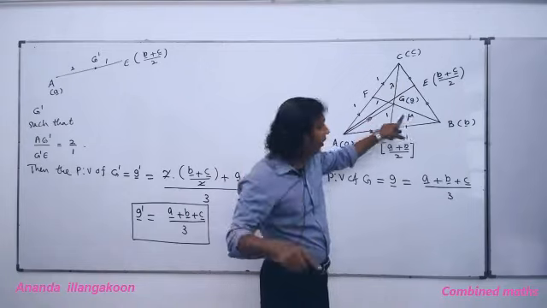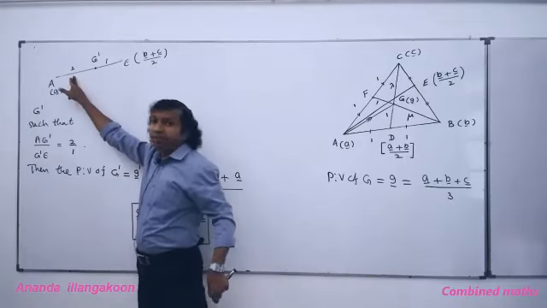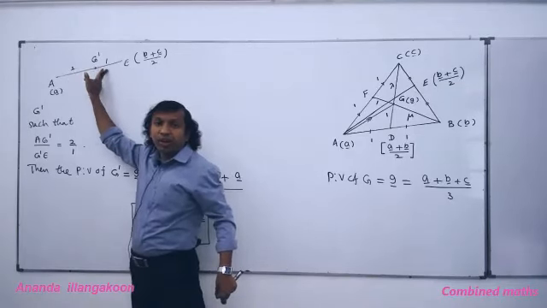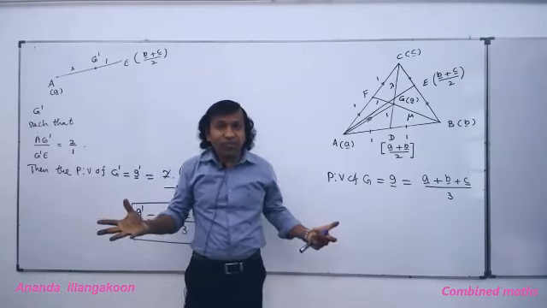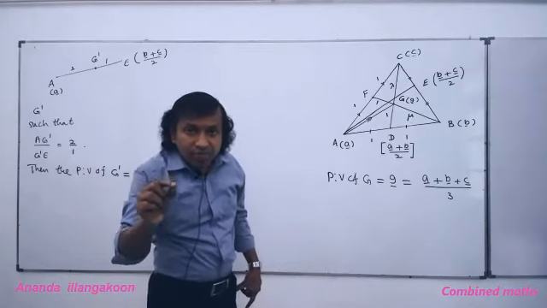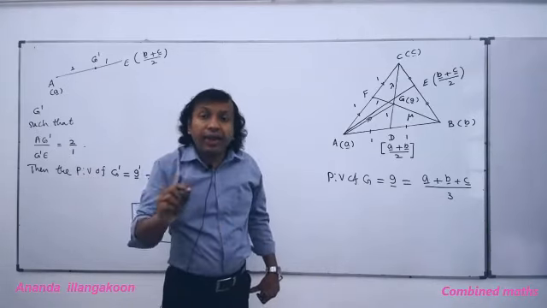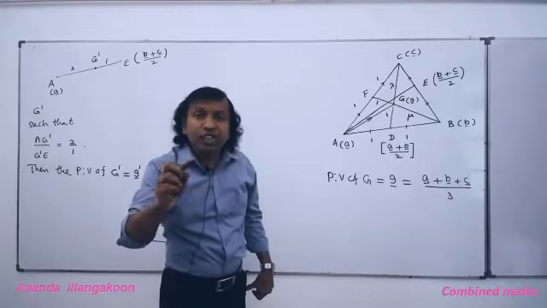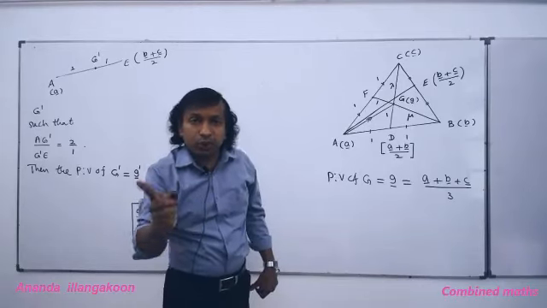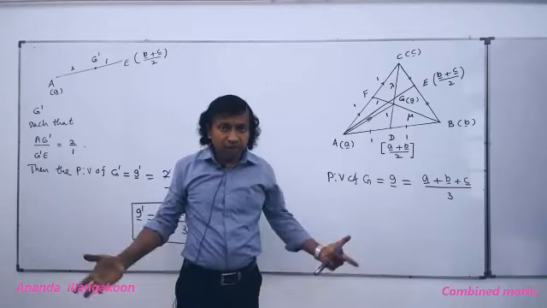And this time we say this G is this G dash. That G dash divides this median in the ratio 2:1. So therefore, now it verifies what? All three medians meet at the point, and that point divides each median in the ratio what? 2:1. Understood? Now that's the end of the proof.